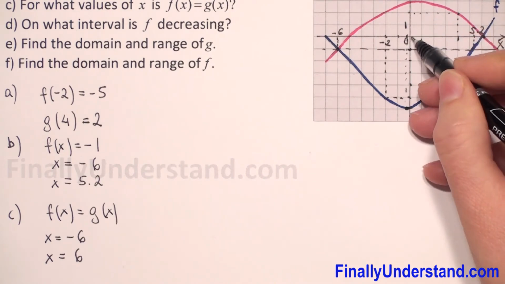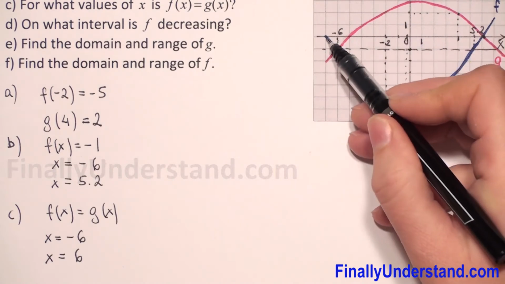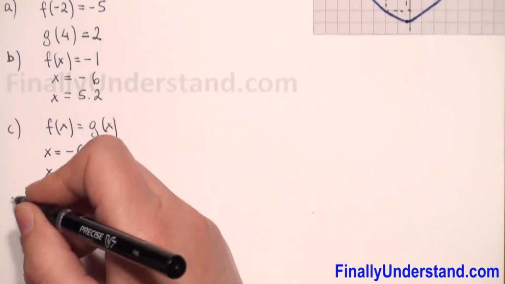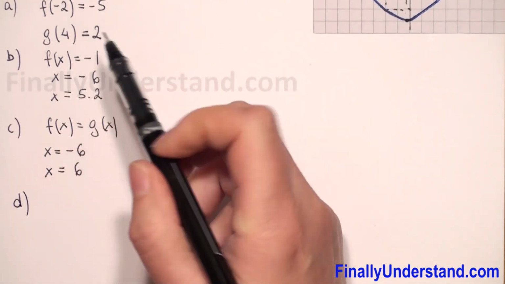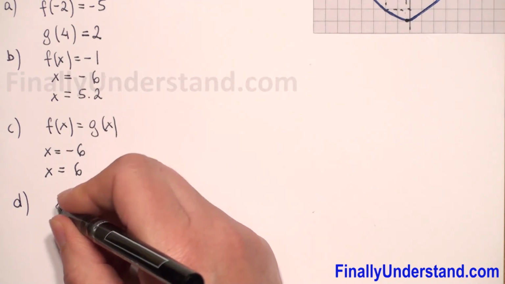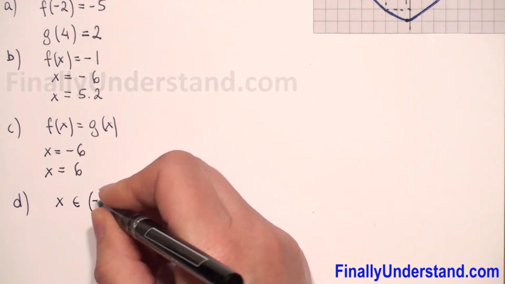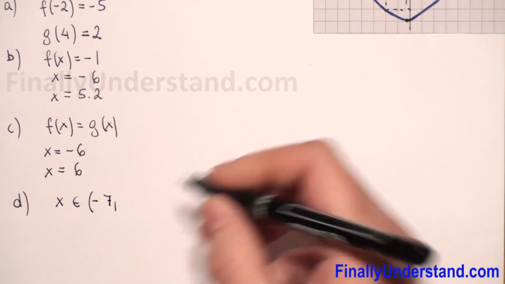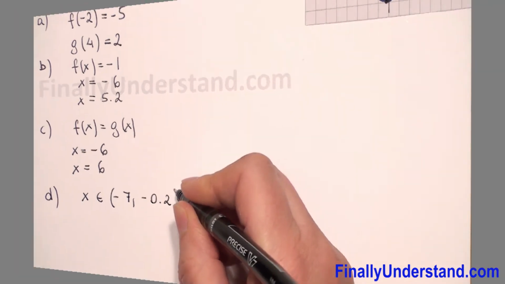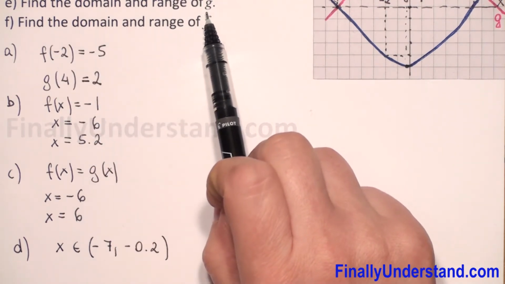It will be almost negative 0.2 from negative 7. So we can write f is decreasing for x belongs to the interval from negative 7 to negative 0.2.